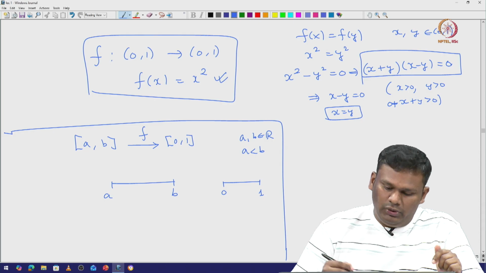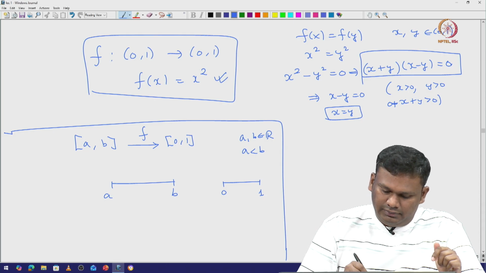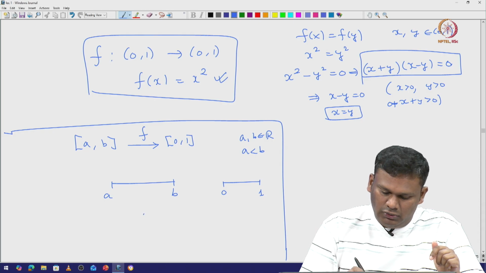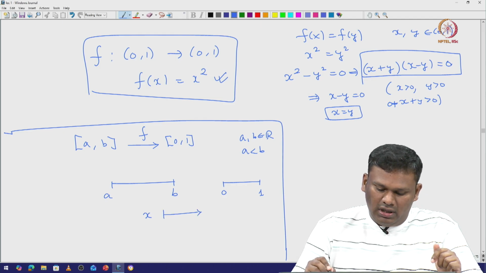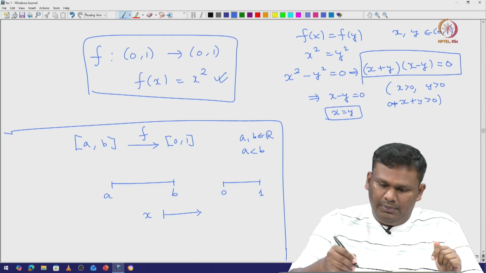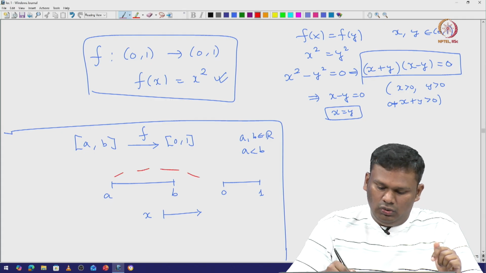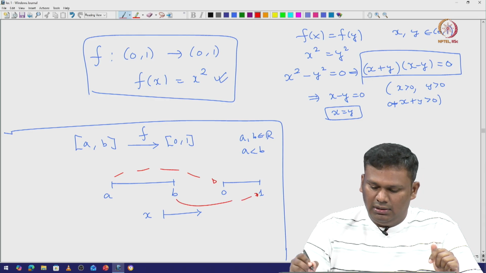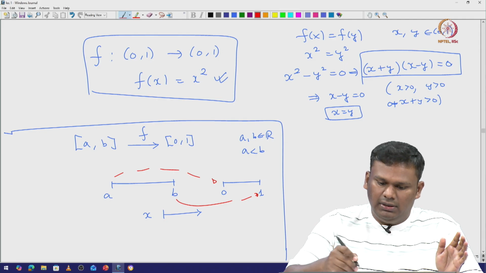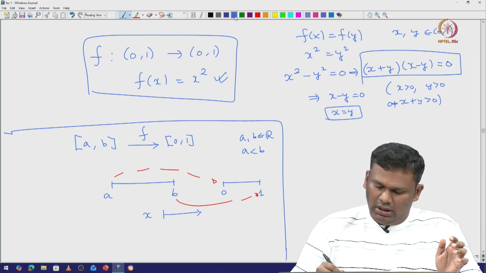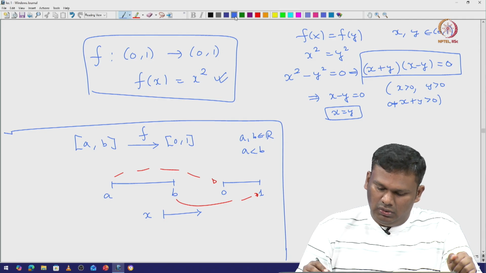If you want to put it in more mathematical terms, you define a function x goes to... What I want to do is map a to 0 and b to 1. So, I am doing a stretching.